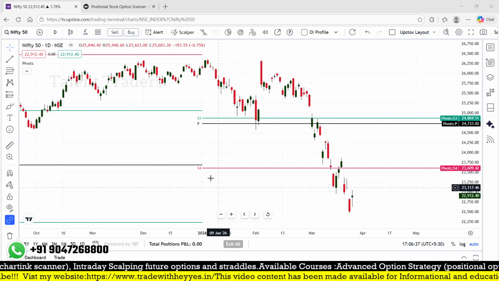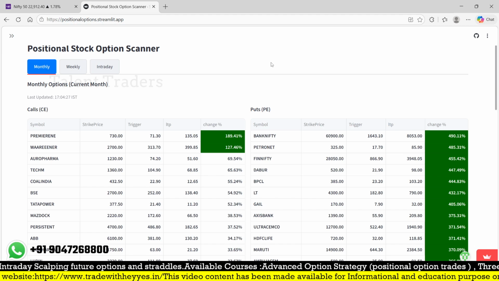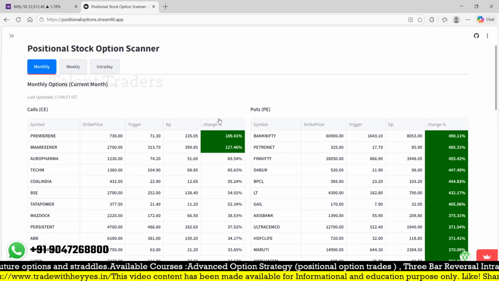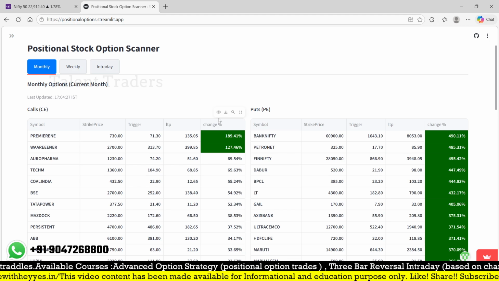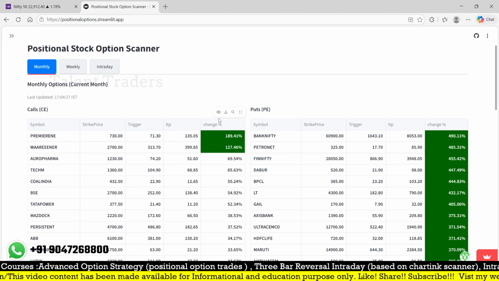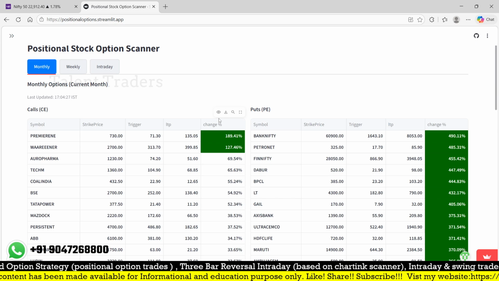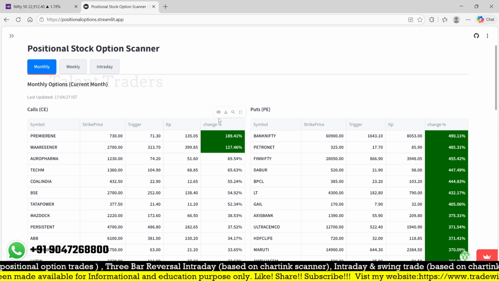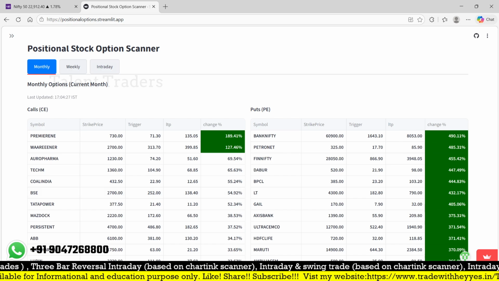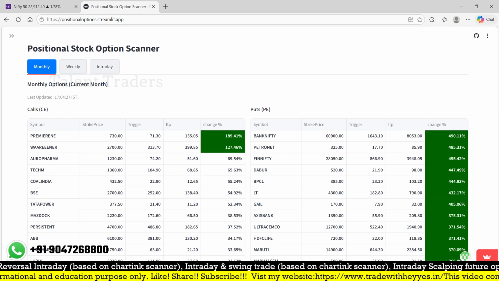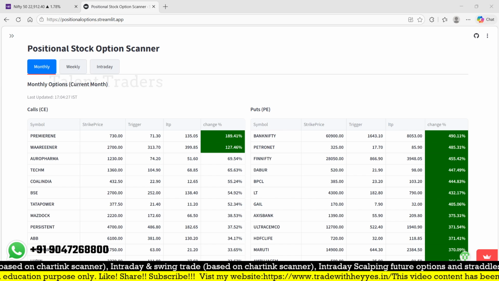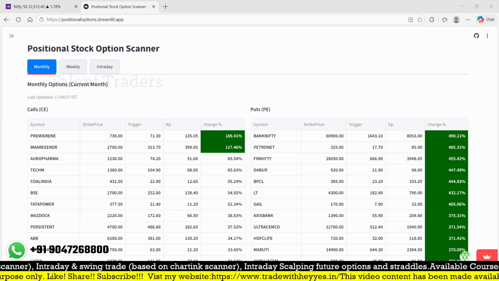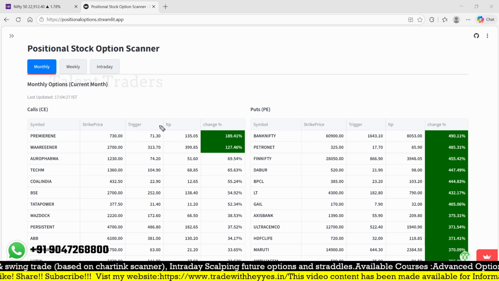Okay, so this is our positional scanner right now. It is a monthly scanner. In the monthly scanner, we try to find one or two stocks based on volatility. We have a calculation and formula to find volatility-based trading strategies, that means a high volatile trading strategy.